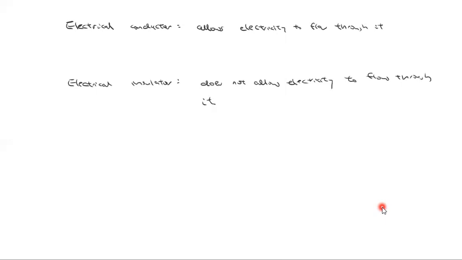Can you give me an example of a conductor, Alicia? Like metal wire. All right. So typically, what are your metal wires made from? Copper. Copper will be the most common one in most situations at home.